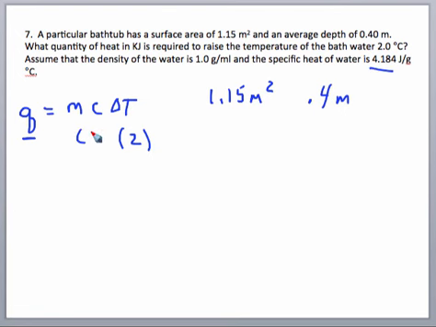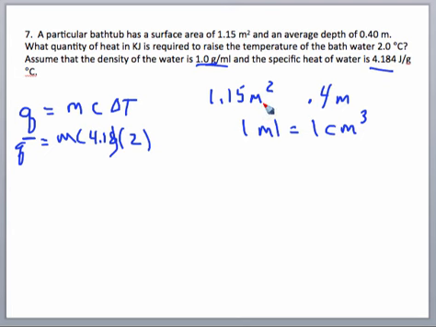Water has a C value of 4.18. So what we need is M, and then we can calculate Q. Well, we know water has a density of 1 gram per milliliter, and we know that 1 milliliter is equal to 1 cubic centimeter. So what we want to do is figure out how many cubic centimeters this is.